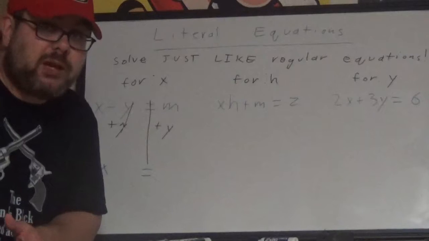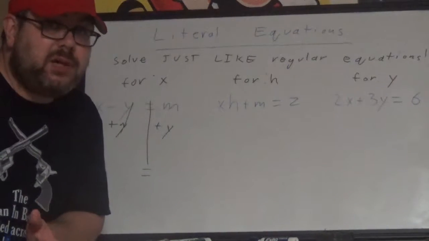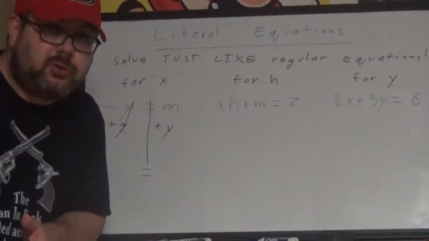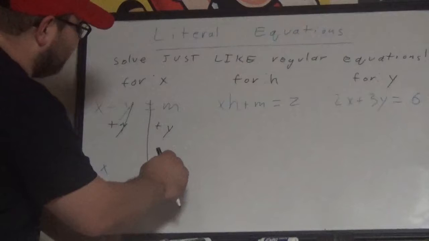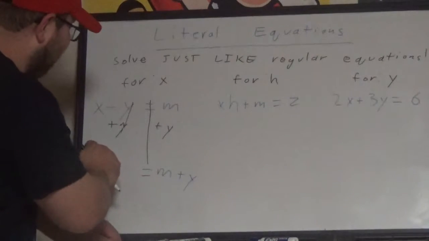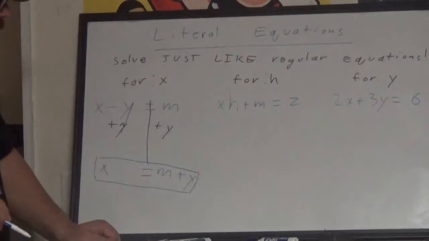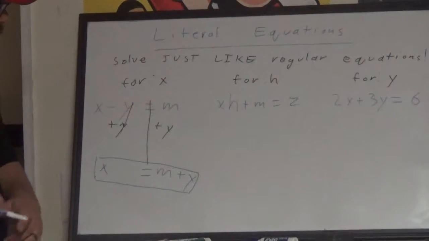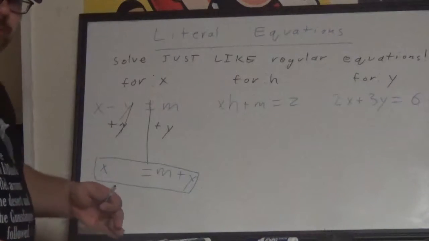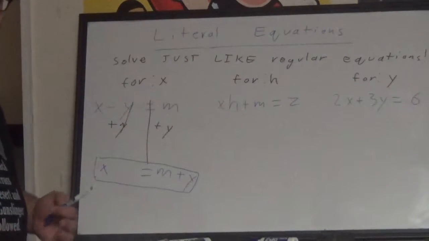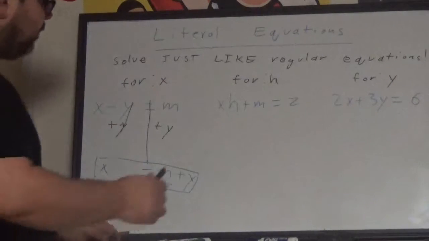We can multiply or divide like terms, but we cannot add and subtract them. M and y are not like terms. Therefore, our final answer is just going to be m plus y. X equals m plus y. That's it. So essentially we are manipulating the equation, moving variables around based on inverse operations.